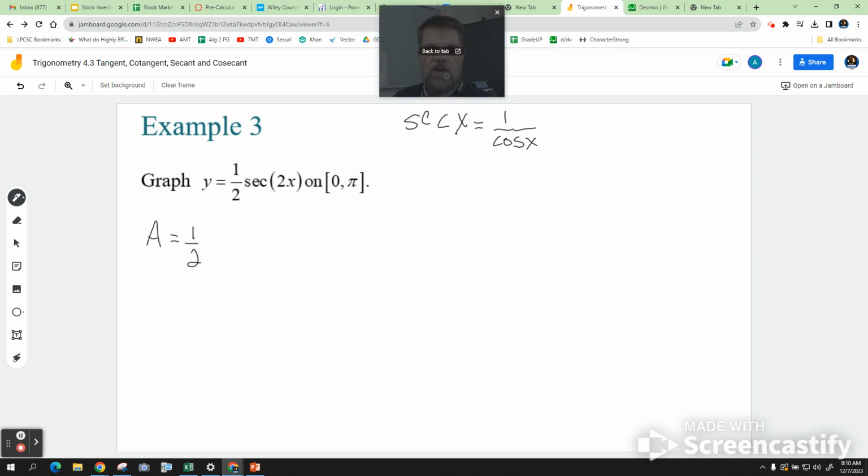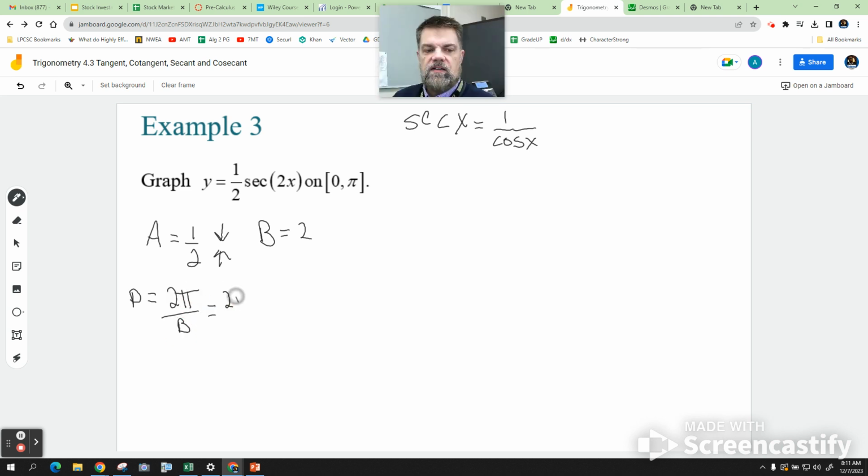It's less than 1, so that will vertically compress it. I know that b is equal to 2. I know that my period p will be 2 pi over b, which is 2 pi divided by 2, or just pi.